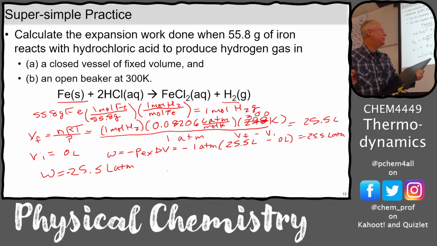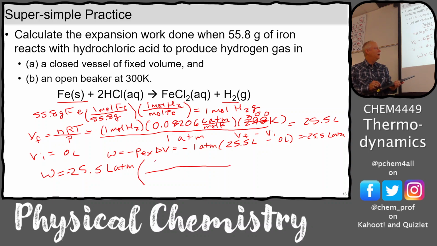Okay. So let's think about this. I want to get out of liter atmospheres and into joules. So what if I just did this? 8.314 joules per mole Kelvin over 0.08206 liter atmospheres per mole Kelvin. And you're going to look at this and you're like, is that legal?